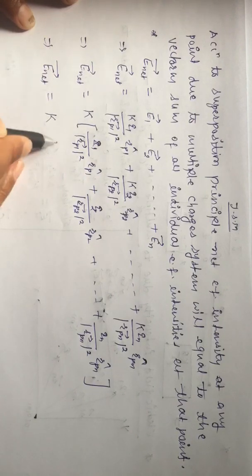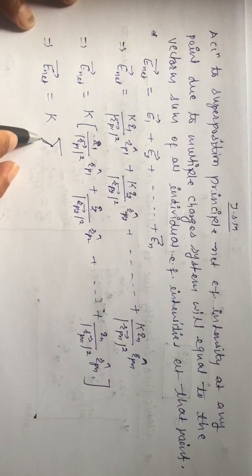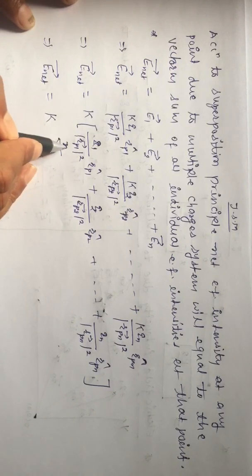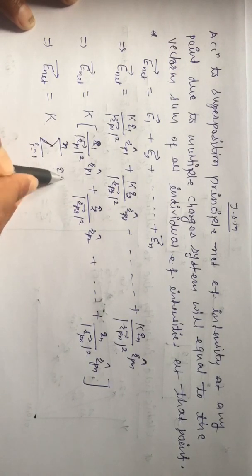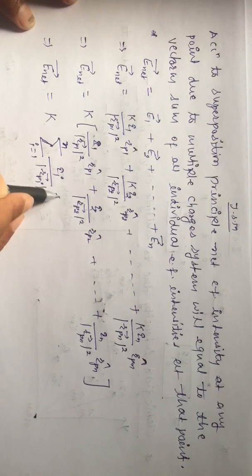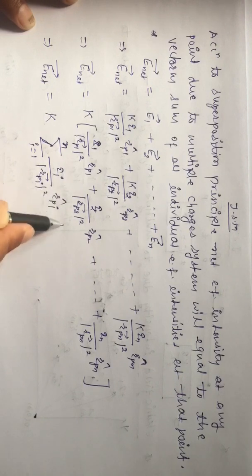E net is equal to K summation i equals 1 to n, where i is the variable, Qi upon magnitude of Rpi square Rpi cap.